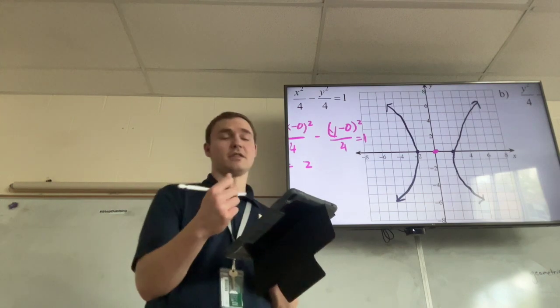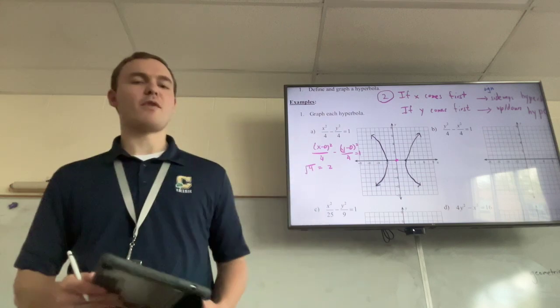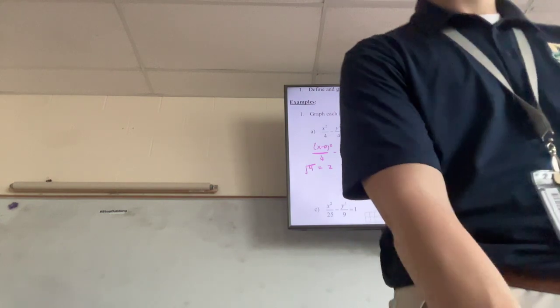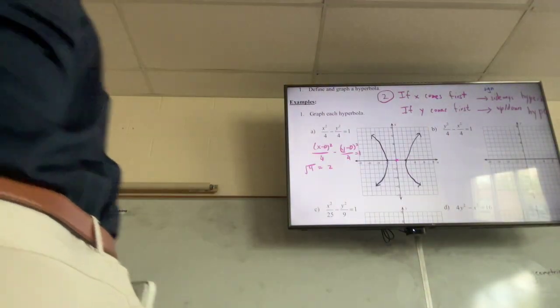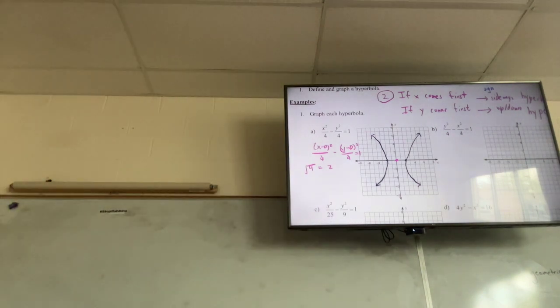Hyperbolas are a great conic section. We don't have to worry about the y squared. You don't. Maybe some mathematicians do, but you don't. But why is it even there then?